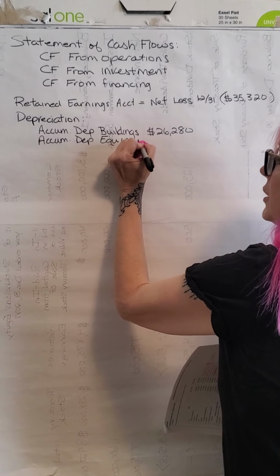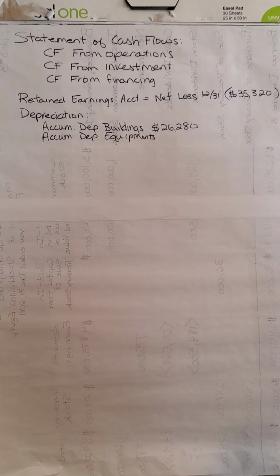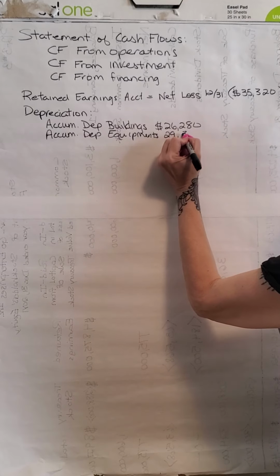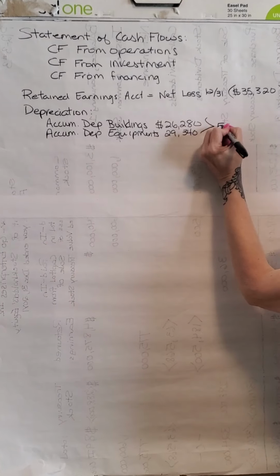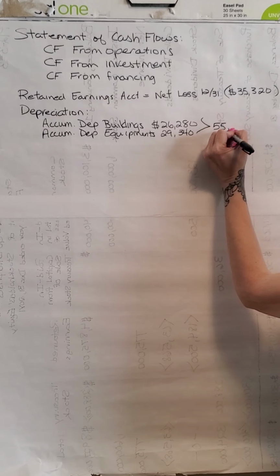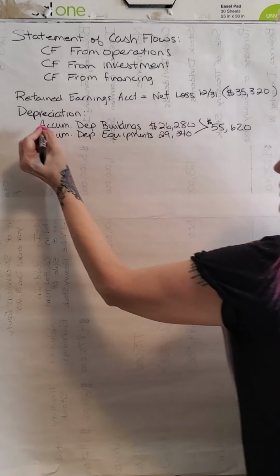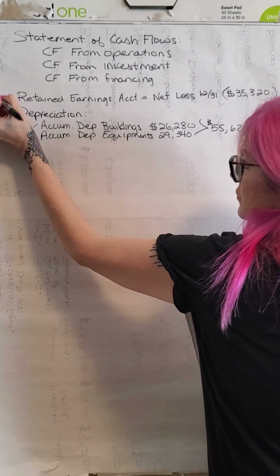So again, I'm looking at the ledger accounts here. So I'm going to add those two together. That's $29,340. And so the total depreciation expense that was taken this year was $55,620. So I'm going to put here, this is from the ledger.